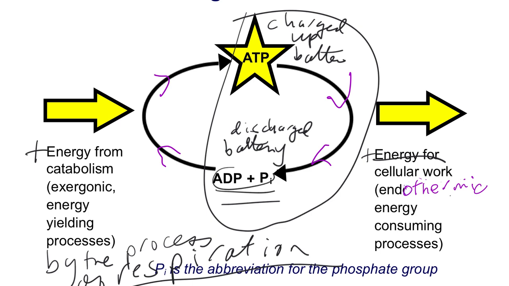They'll turn the ADP back to ATP, but that's the process of respiration. So the discharged battery will be charged up, ready to go again, but you have to do respiration to charge up the battery, ADP to ATP.